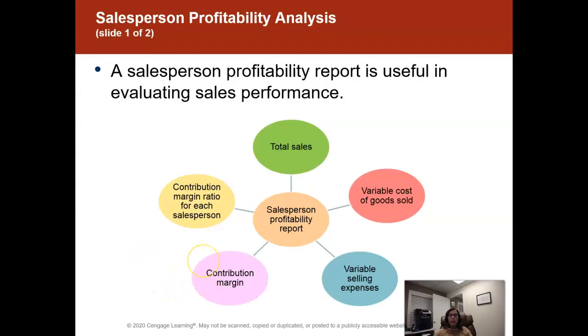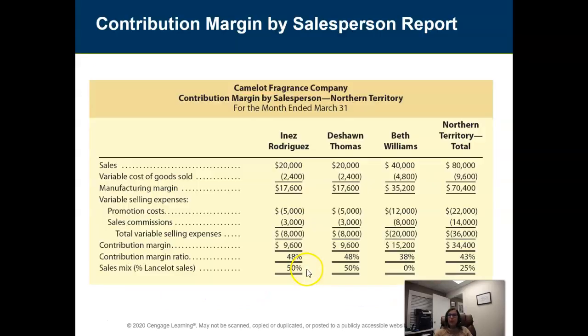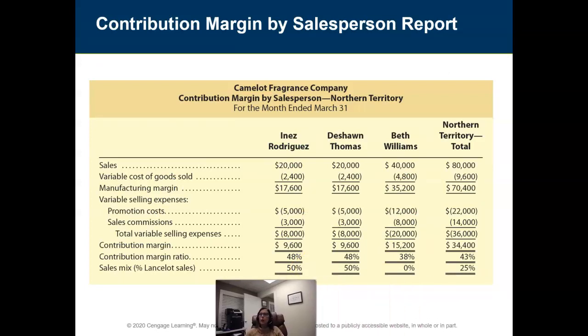You can, as I had said earlier, look at this from a salesperson standpoint. And here we see a chart of all of our salespeople in the Northern Territory. And now you can start to look at this based on what each salesperson is selling. And we've got Beth Williams here, who's selling none of the Lancelot, but double what the other two salespeople are selling.